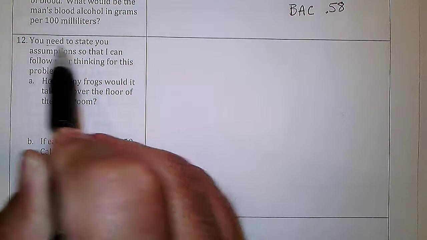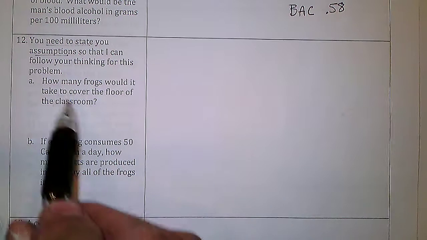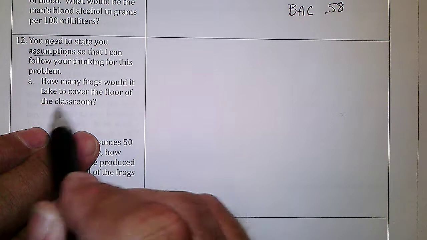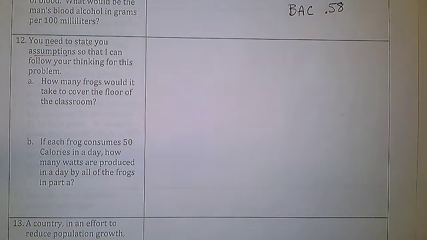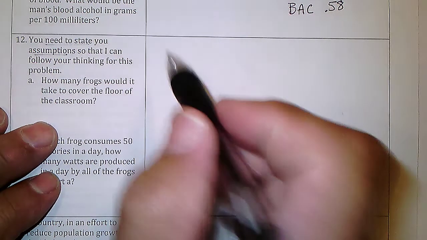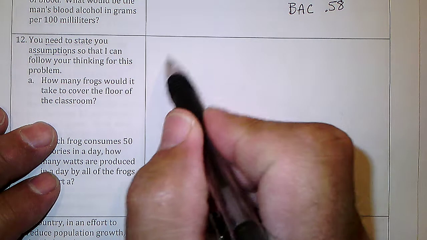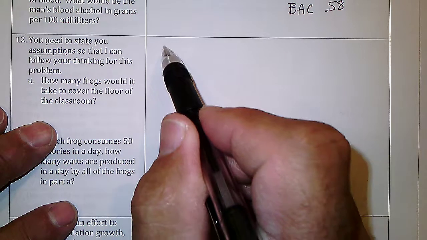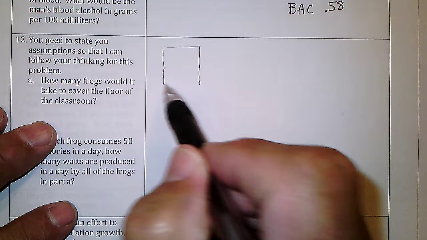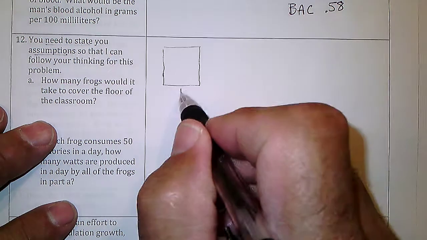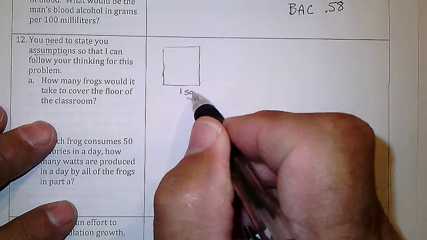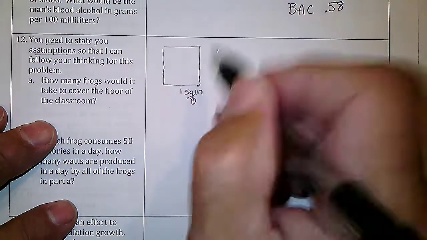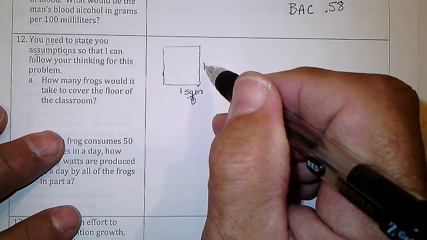So now you have to tell me your assumptions so that I know what you're thinking. So how many frogs would it take to cover a floor of the classroom? Well, depending on the size of your frog, I might choose a big frog so I don't have to do as many. So I'm going to say a frog covers 1 square inch. 1 inch by 1 inch.